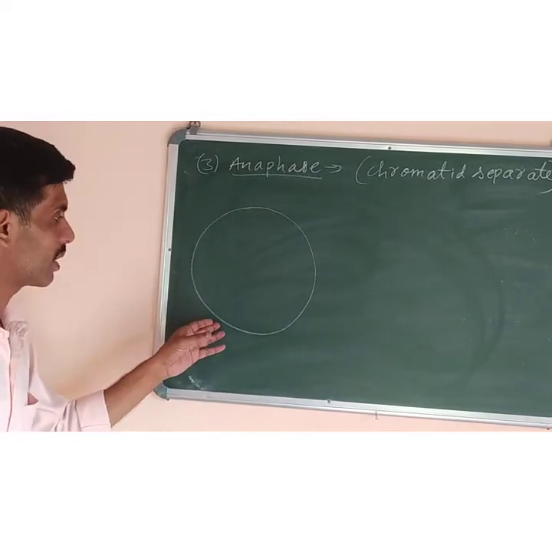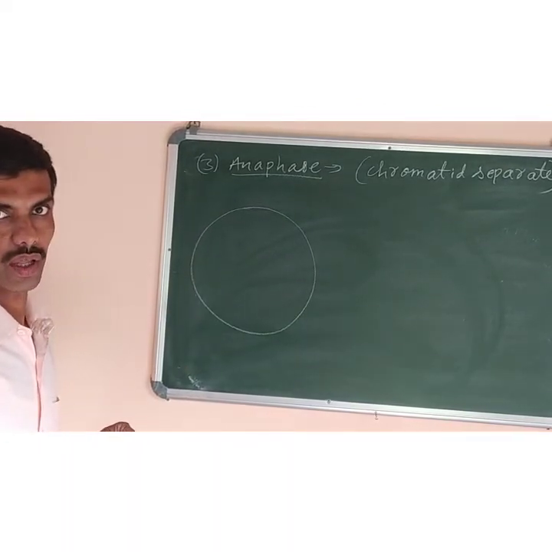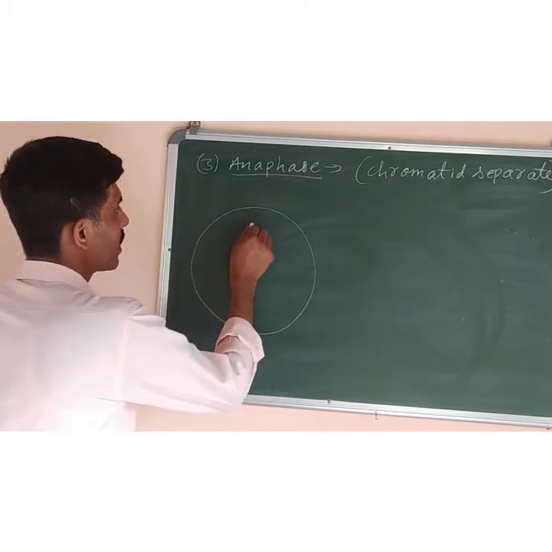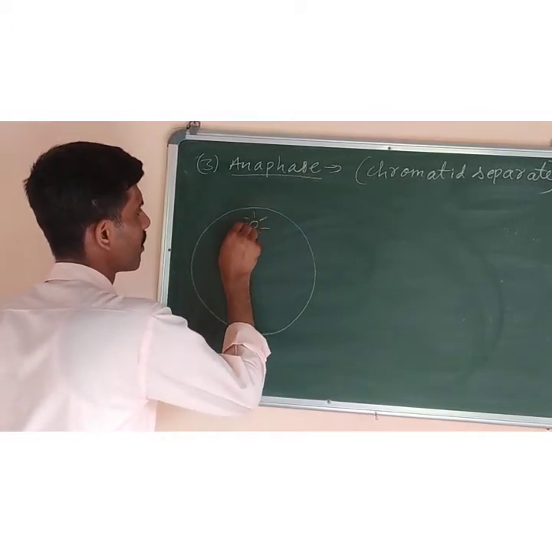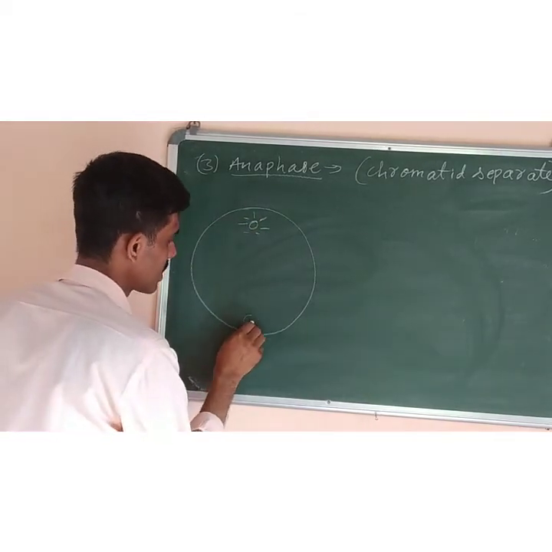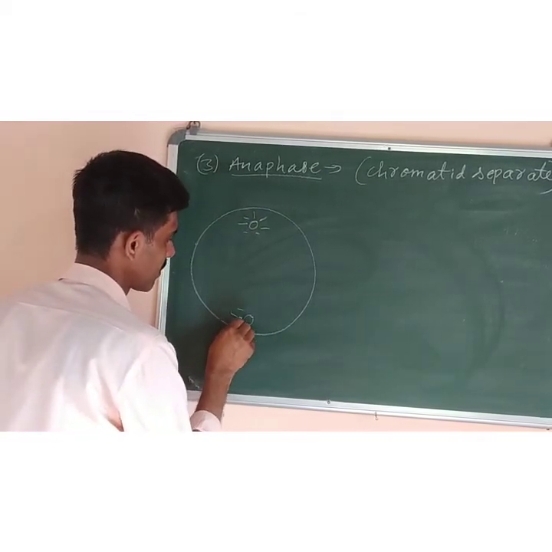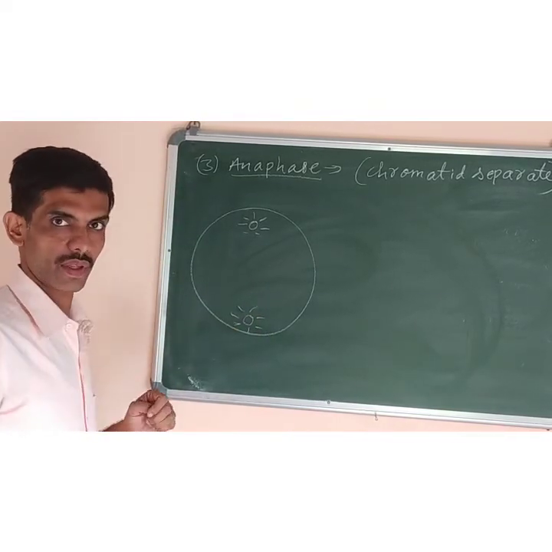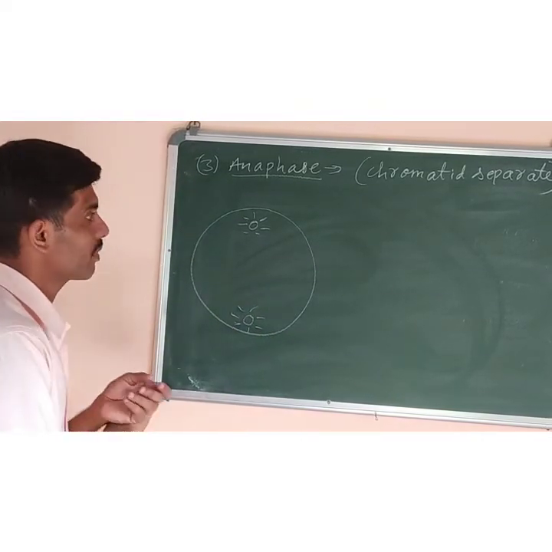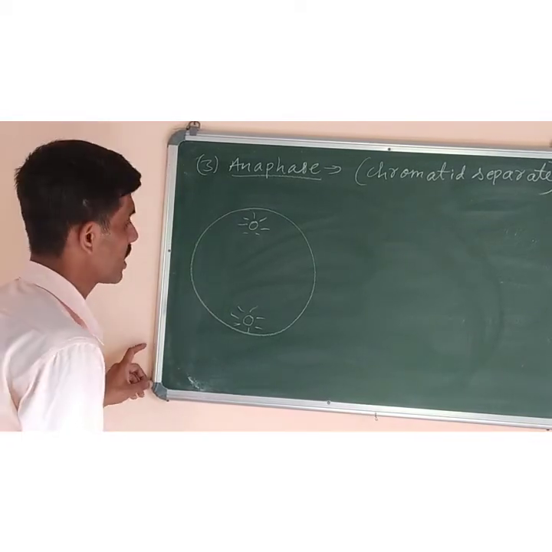What is this? This one is nucleus. Now, I'll draw the centrosomes. Simply, I'm just trying to draw. Here also one centroid. Now, let's see the position of the centroids.